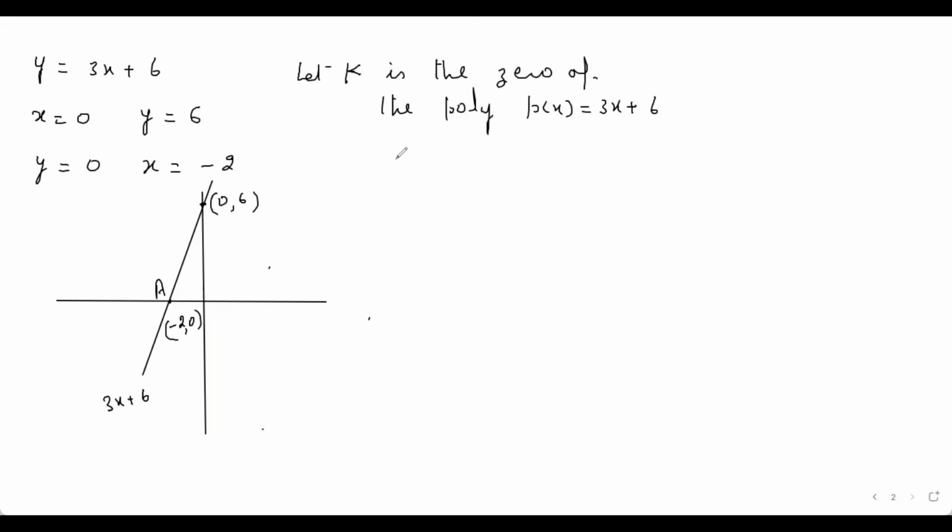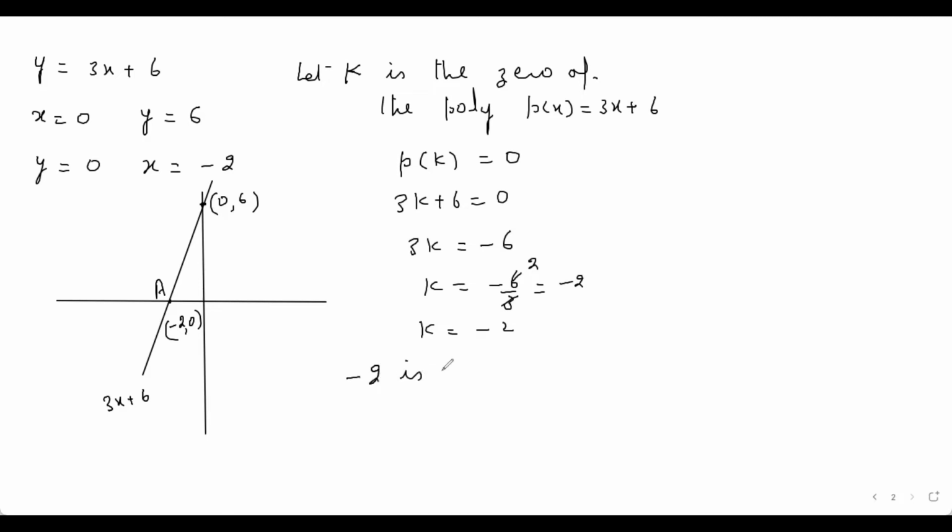It means p(k) is 0, that is, 3k plus 6 is 0. It means 3k is equal to minus 6, so k is equal to minus 6 by 3, that is equal to minus 2. It means minus 2 is the zero of the polynomial 3x plus 6.